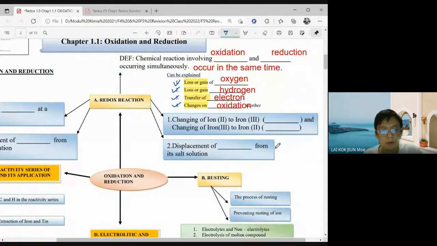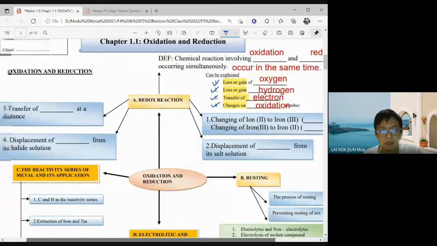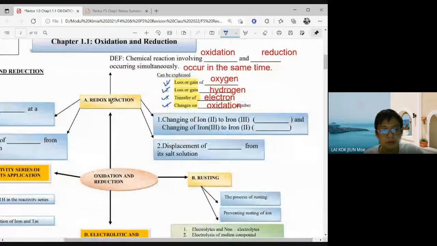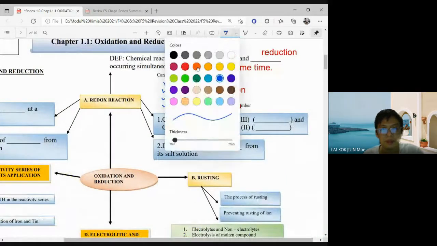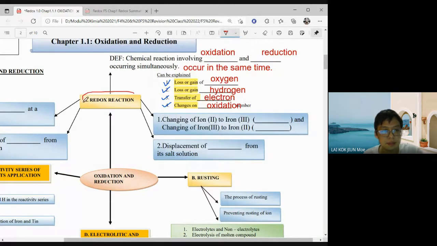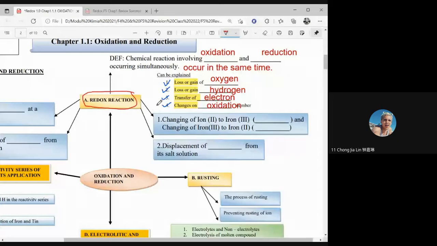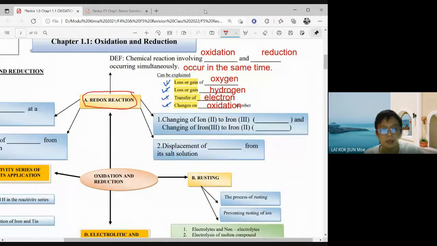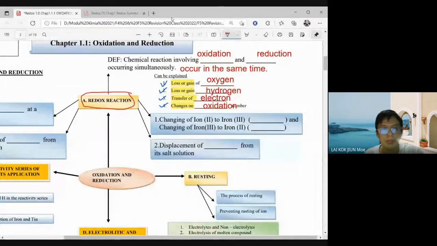Now, when we know about the definition, we have to go to the redox reaction here. We have Jialing. Jialing, hello. Yes, teacher. In this chemical reaction, redox reaction, there are 4 main reactions we have to know. We have to master it.